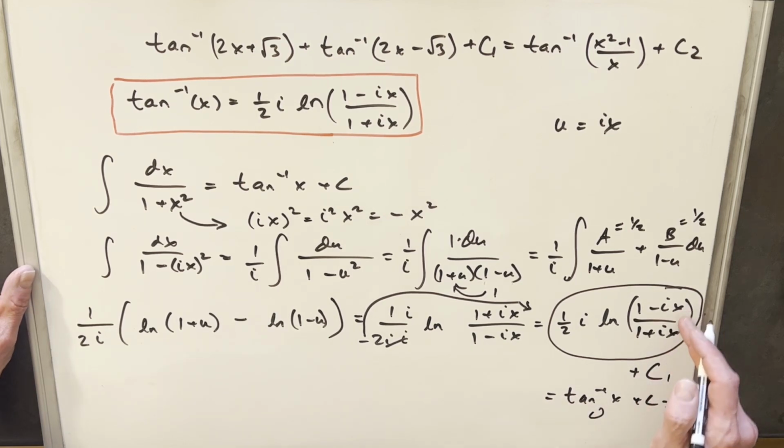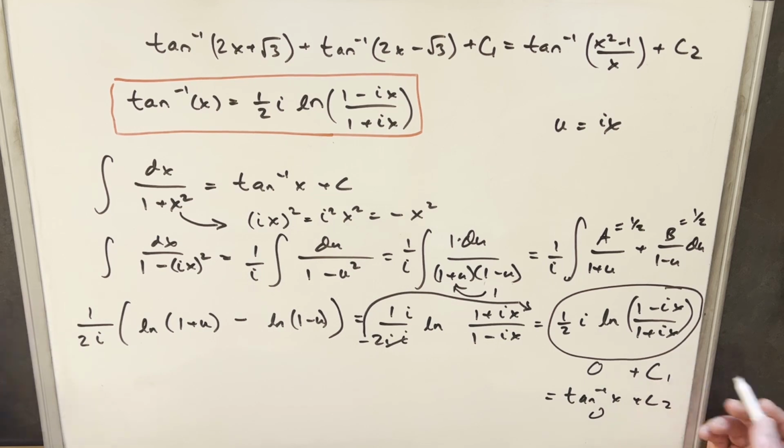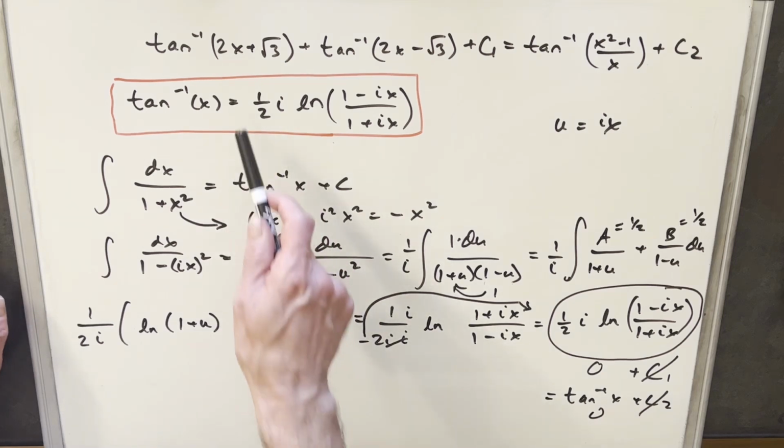If you plug a 0 in here, the x terms go away, you have natural log of 1, that's 0. What that tells us is if we have 0 plus c1 equals 0 plus c2, then c1 equals c2, so essentially you could do a quick subtract off the c. So just with a quick check like that, that's how you can get rid of the constants in this equation here.